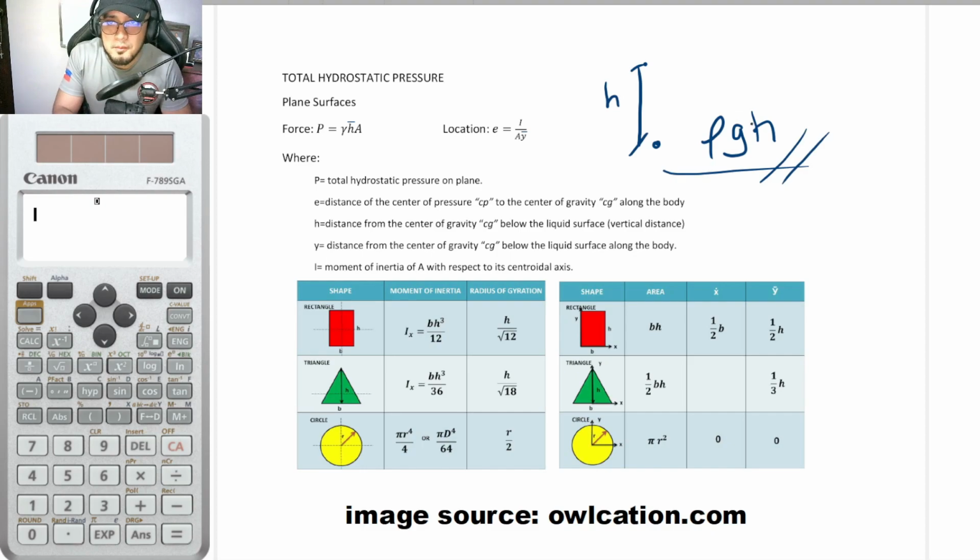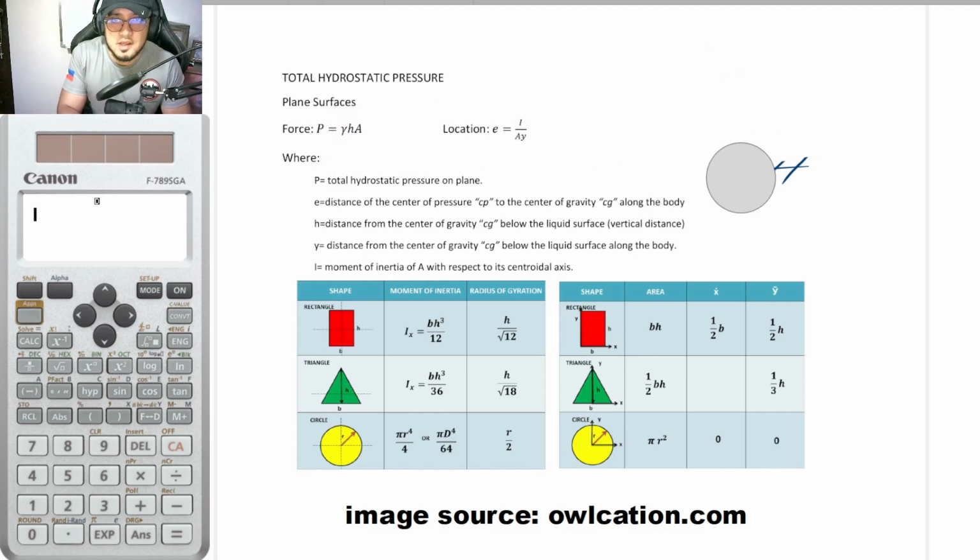And if you can remember, rho g is basically equal to gamma, or unit weight. So collectively this is the same as gamma h, and we would just be multiplying the cross-sectional area, or the area of the plate itself. So that is for the force P.